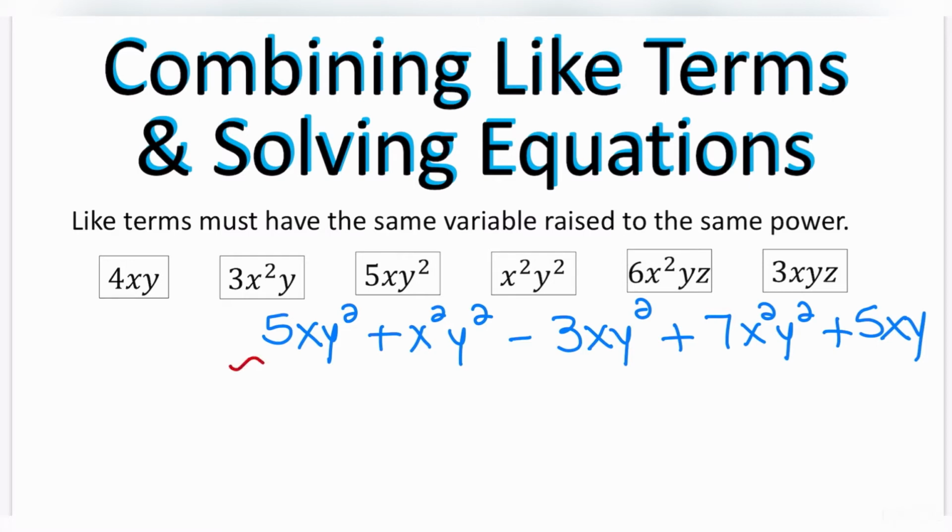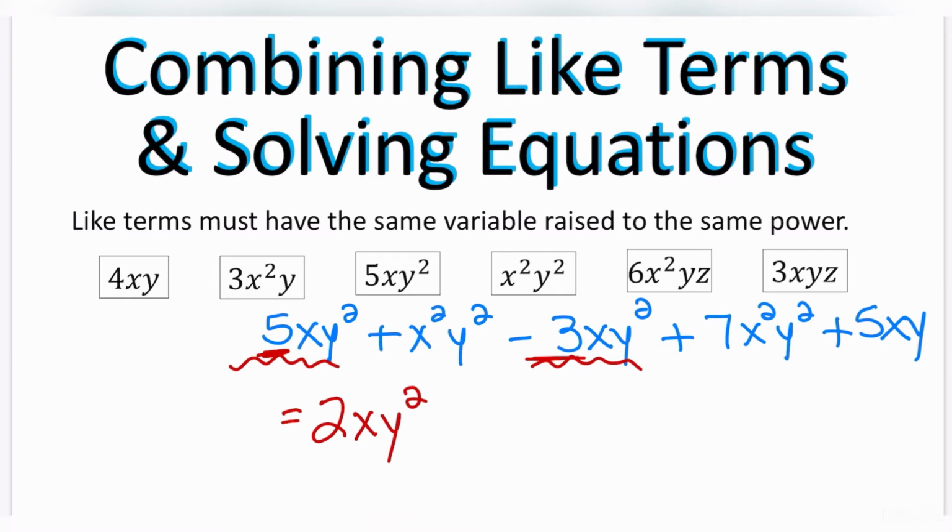If you answered 5xy squared and negative 3xy squared, you are correct. Those are like terms. Positive 5 and negative 3 is going to give me 2. 5 minus 3 is 2. And then I write xy squared because those are the variables and exponents that we have.